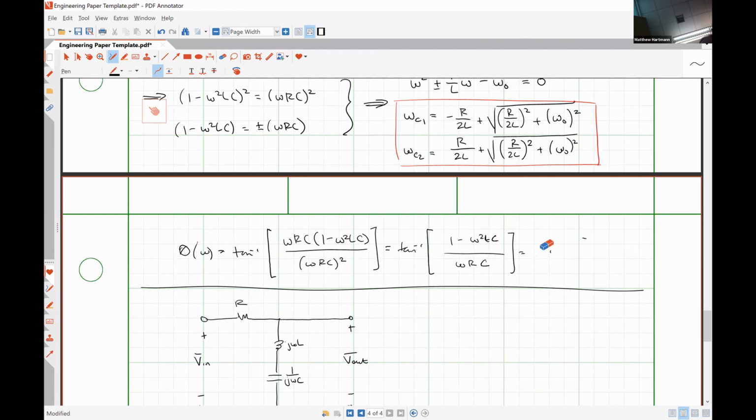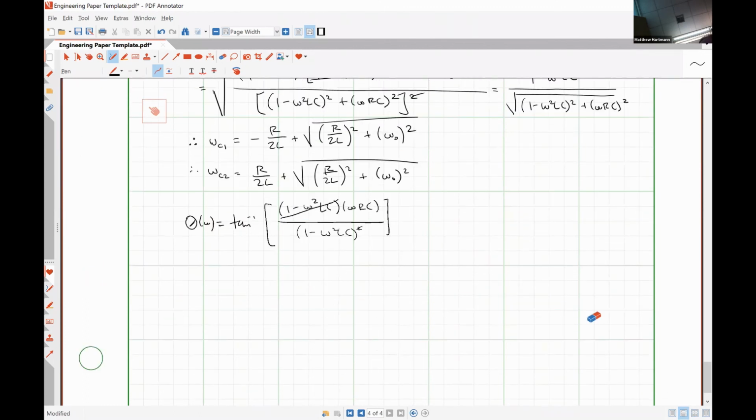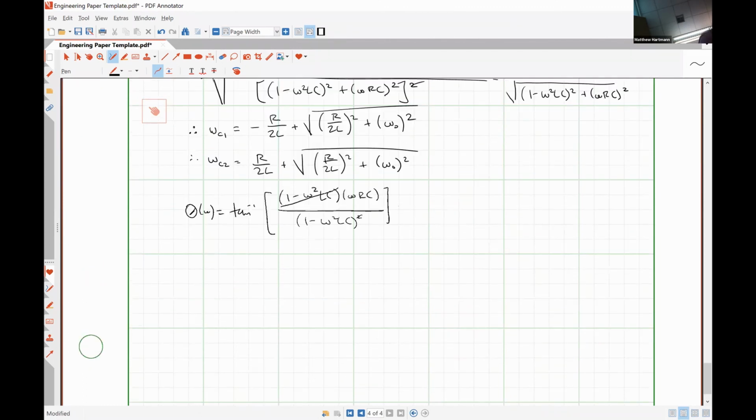Sorry about that. So this is going to be the inverse tangent of omega RC divided by 1 minus omega squared LC.